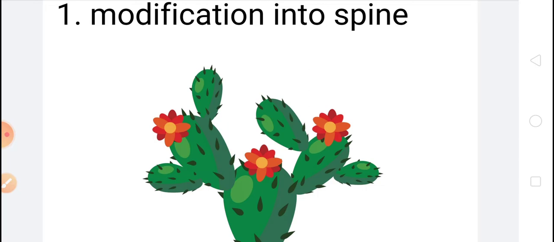Here we will see some leaf modifications, meaning how the leaf is changed into a different structure. Modification of leaf into spine.